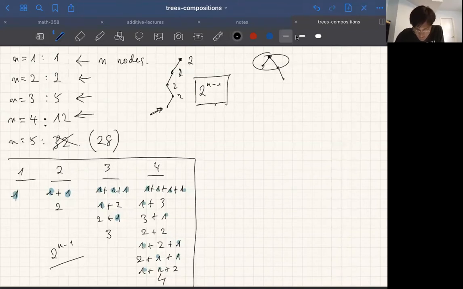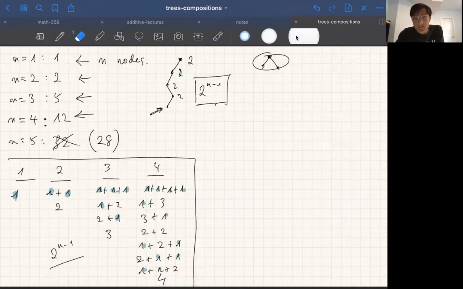So how do we do that? Well, another way we could do this is to sum over the possible splitting. Like, there are going to be n minus 3 edges.